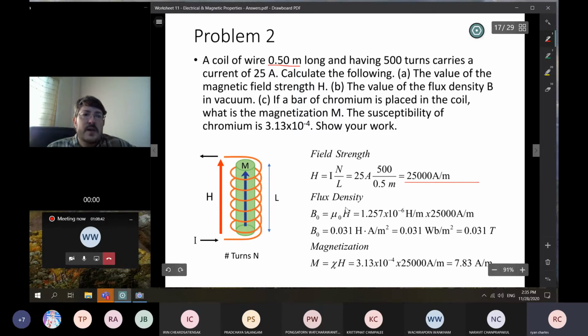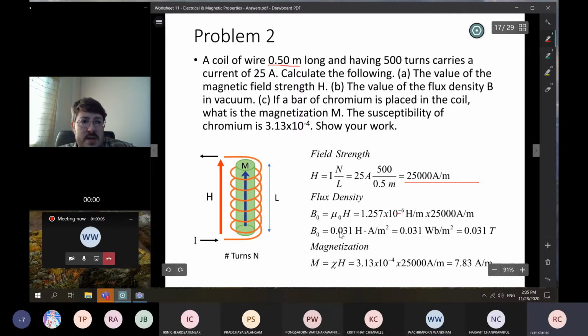Flux density, B naught equals mu naught times H, all right? So you just calculated H. Mu naught you can look up, 1.257 times 10 to the minus 6 henries per meter times 25,000 amps per meter.